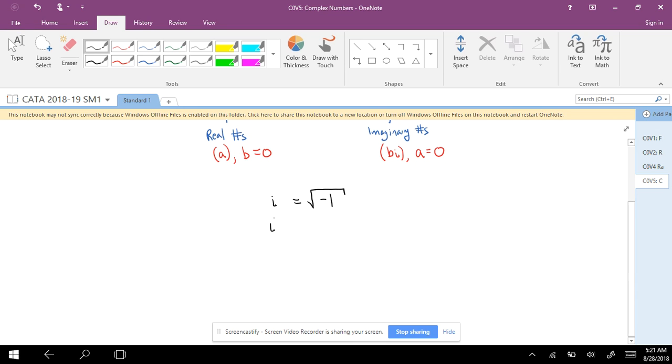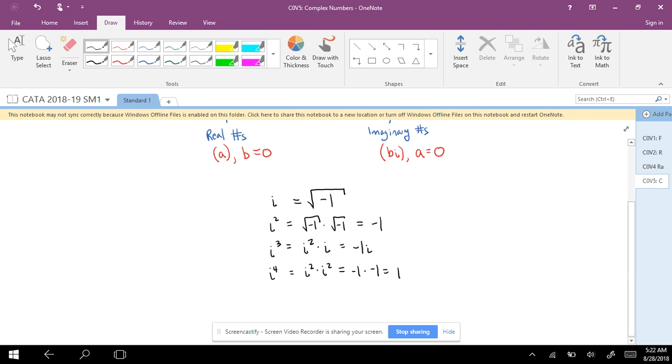So now i squared would be the square root of -1 times the square root of -1, which is just -1. i cubed is just i squared times i, which would be -1 i, and then i to the fourth, which would be i squared times i squared, which would be -1 times -1, which is just 1.